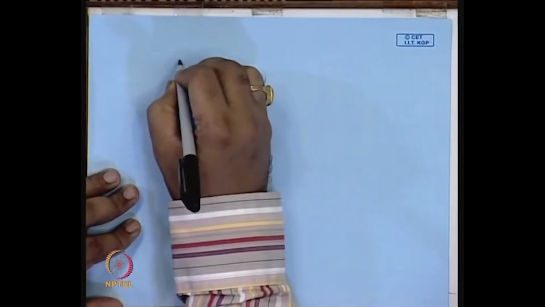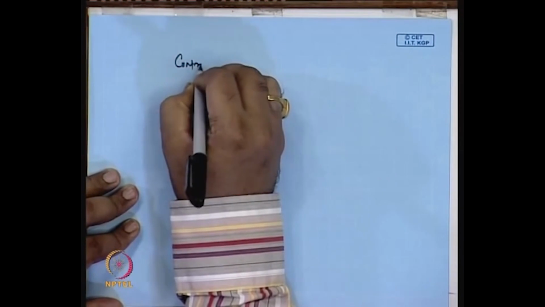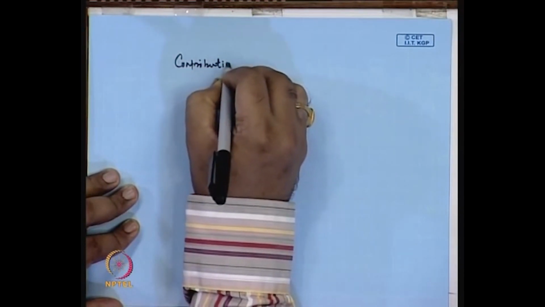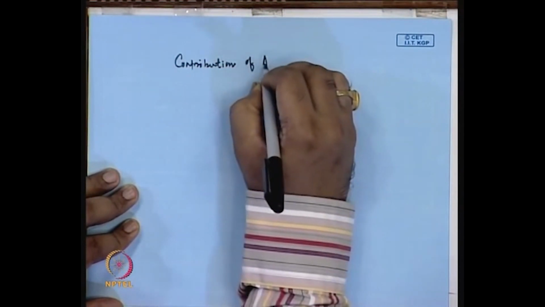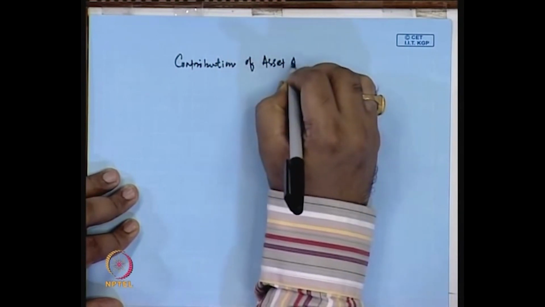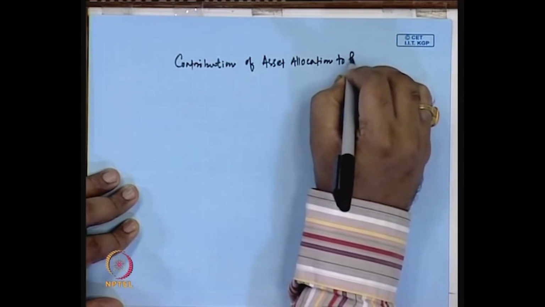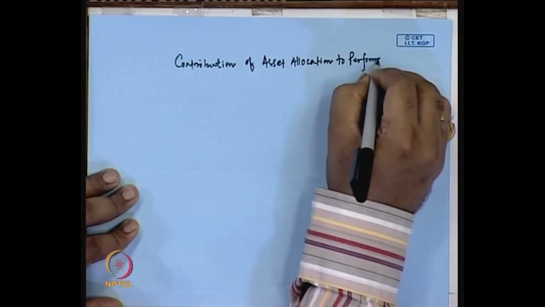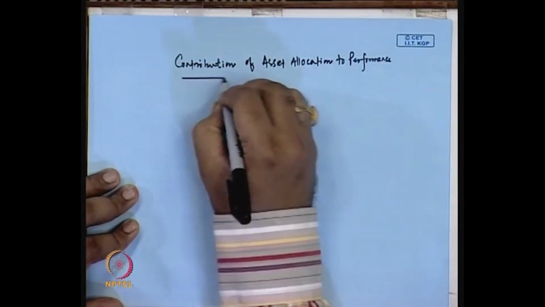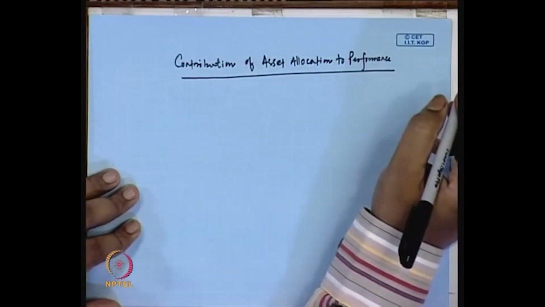So we have to do the analysis separately. First of all, we should analyze the contribution of asset allocation to performance.